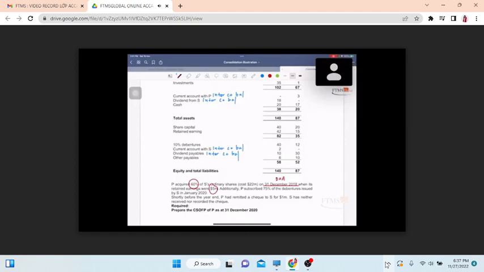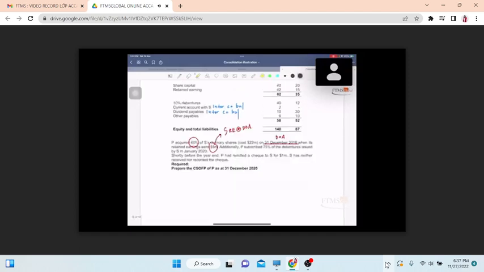So 5 million, of course, must be the SRE at DOA. Then P subscribed 75% of the debenture issued by S in January 2020. Okay, so let's talk about this part first. He subscribed 75% of the debenture.